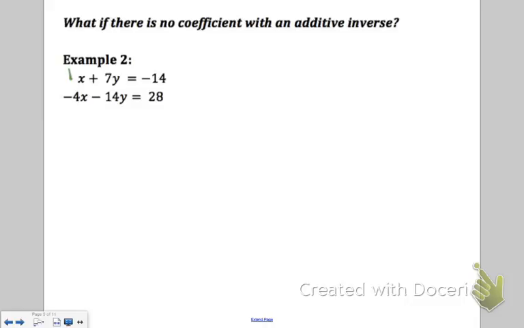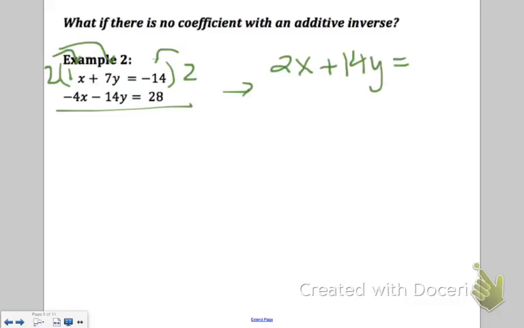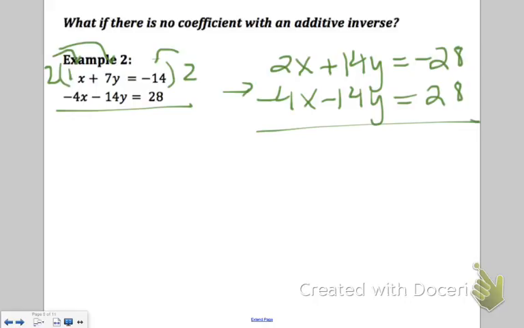So if I want to change the y value to be 14, I would have to multiply the 7 by 2, which means every single term in that equation must be multiplied by the same number. So we have 2x plus 14y equals -28. The second equation remains the same, -4x minus 14y equals +28. So now if I go ahead and add these two equations, the y values will cancel out.